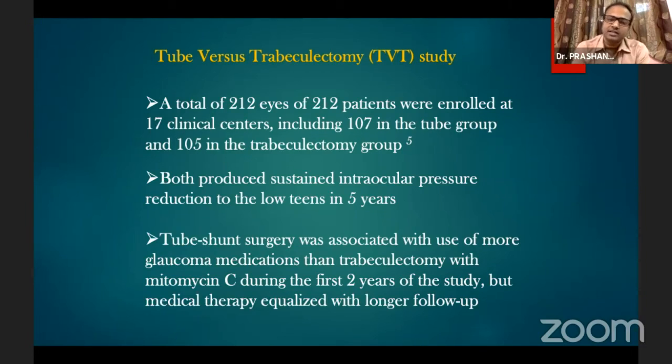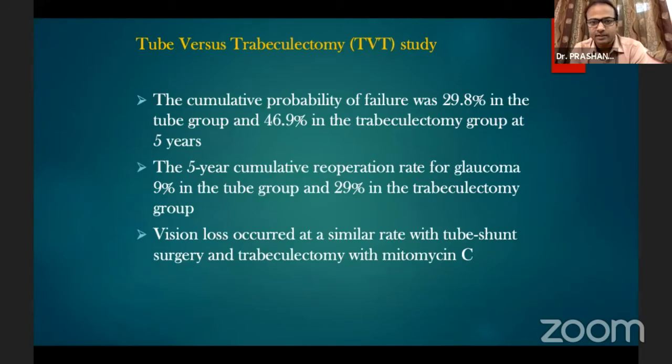However, the tube surgery was associated with more use of glaucoma medications in the initial first 2 years of surgery. The cumulative failure rate was 29% in the tube group, but very high at around 46% in the trab group. The need for reoperation or reprocedure was also much higher in the trab group as compared to the tube group. Visual loss was similar in both groups.